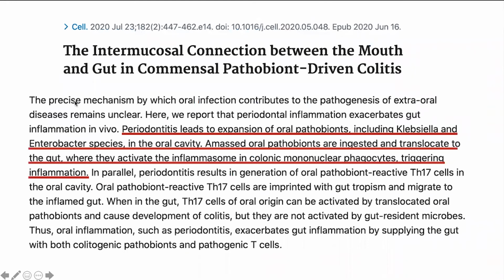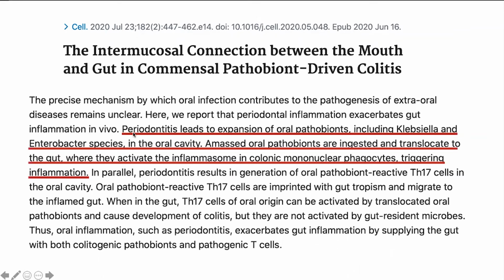As an example, there's this really interesting study that just came out actually just this past summer. The title is Intermucosal Connection Between the Mouth and the Gut in Commensal Pathobiont-Driven Colitis. So this is basically showing the connection between dysbiosis in the mouth and dysbiosis in the gut, and what can happen in between.